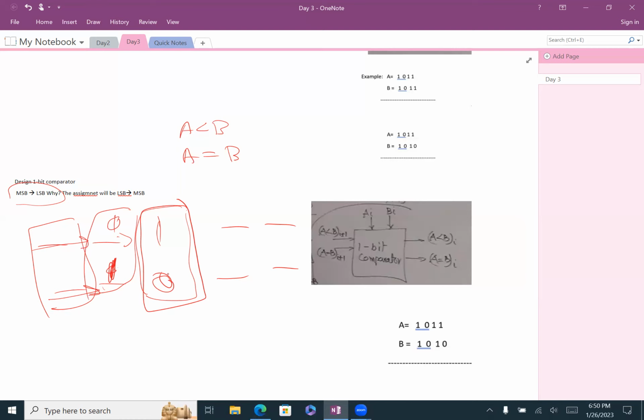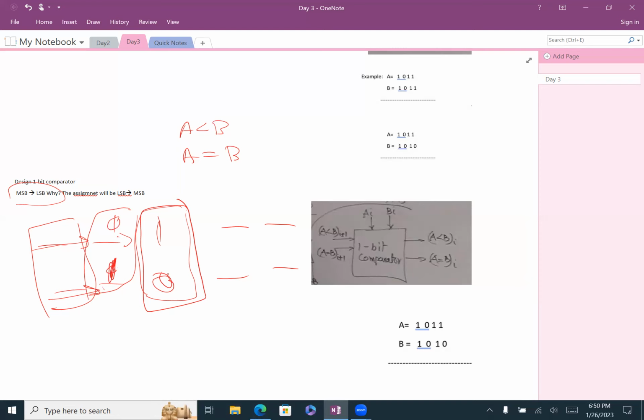But if in my stage I say A is bigger than B, what does that mean? In the following stage, A will still be bigger than B. I don't care what the result or the numbers are there, because I already decided from the most significant bit that A is bigger than B. But if it's still equal, so if stage number 4 is equal, then stage number 3 is equal, then in my stage I have to check, and if it's equal, stage 1 will decide.